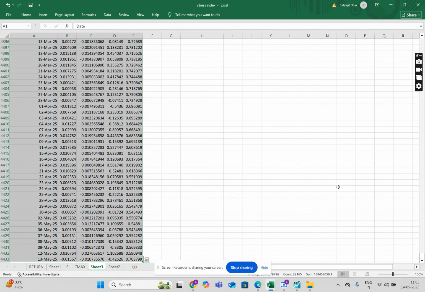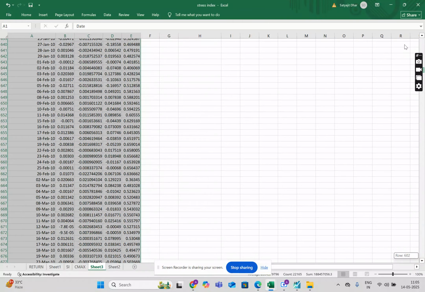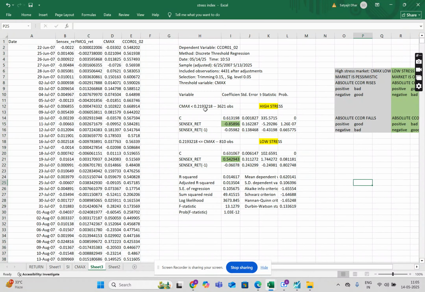So what is the threshold value? The threshold value is 0.2193218.